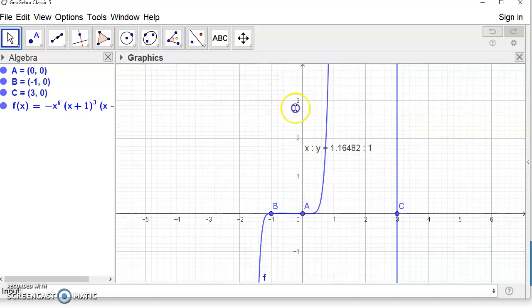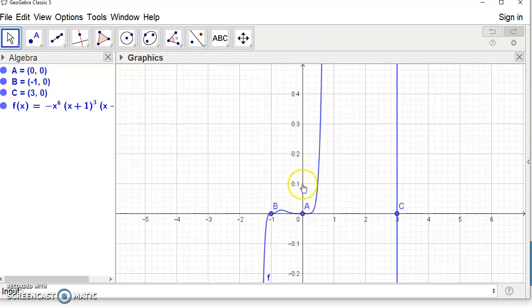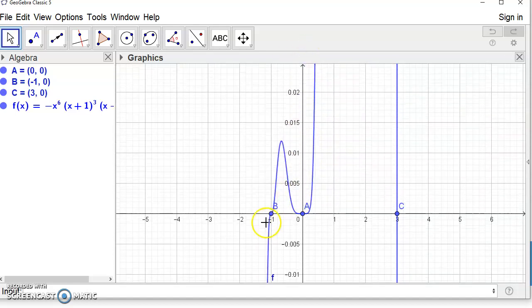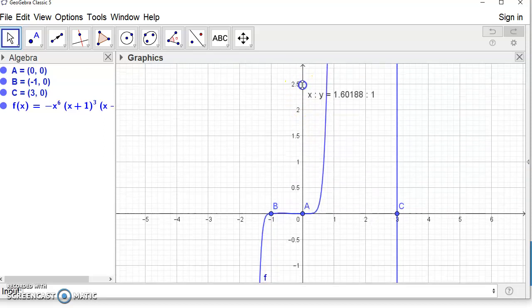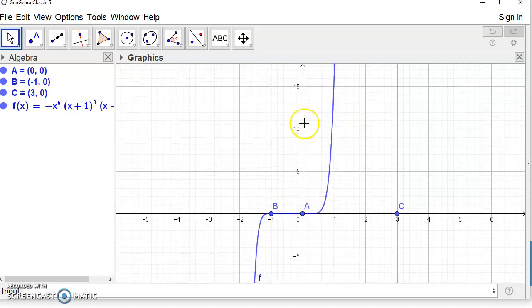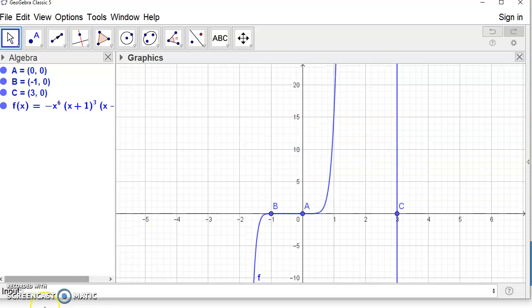I know this looks really flat, but if we zoom in, you can see it does have the tiniest of positive regions there. So again, quite a strange one, but I don't want you to think that this whole thing is flat. It's not in this case. And if we weren't sure of that, we could sub in f of negative 0.5, and we get a positive number, right?